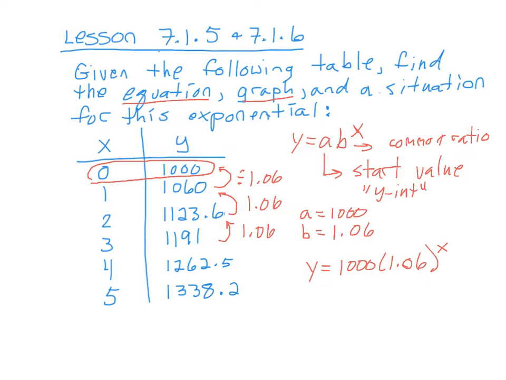If you're using Desmos, you put in y equals 1,000 times 1.06 to the x, set up the window, and then export it or screenshot it and put it into your worksheet.